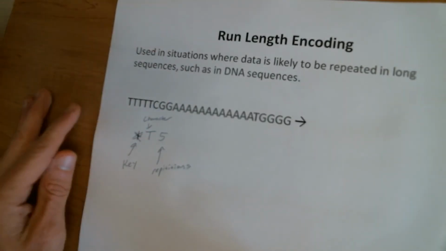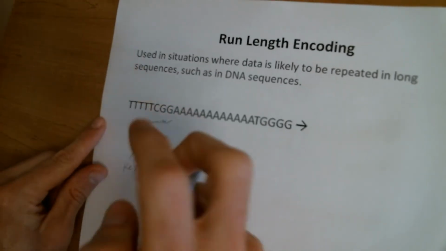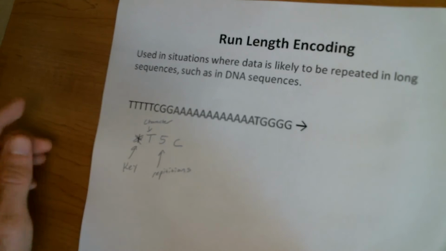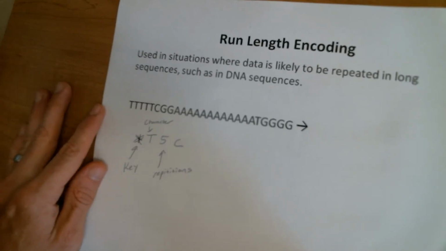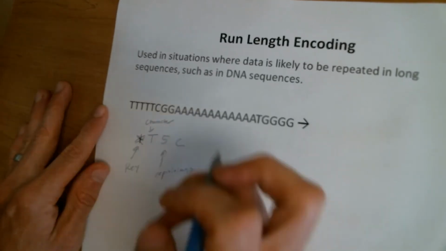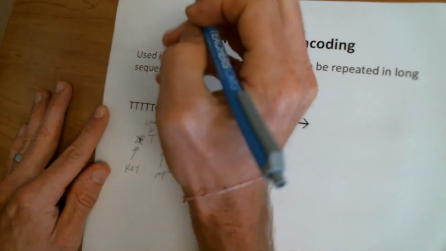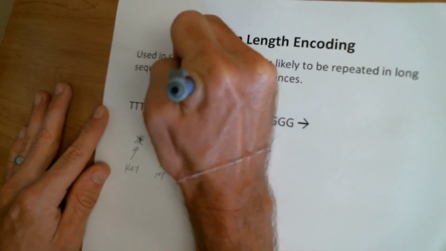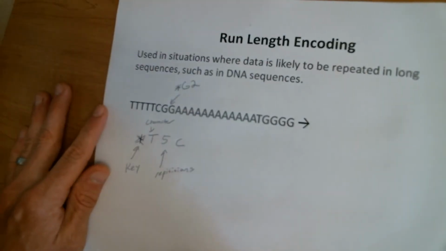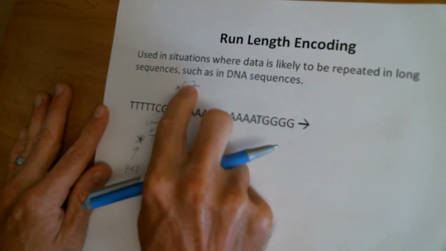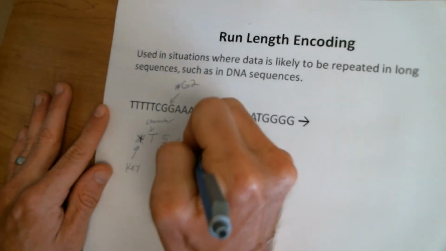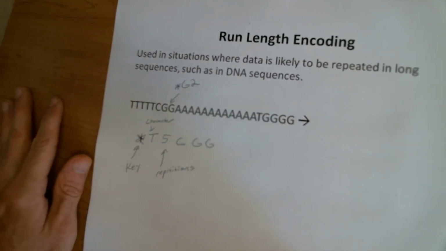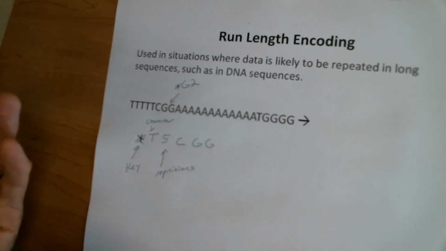Now, we don't do this for everything. With C, we would just write C. There's no special code because we're not repeating it. With something like G, here, that encoding would be star G2. You'll notice that would take 3 characters versus just writing out the G and the G. So we just write out the G and the G. The idea is to save space.